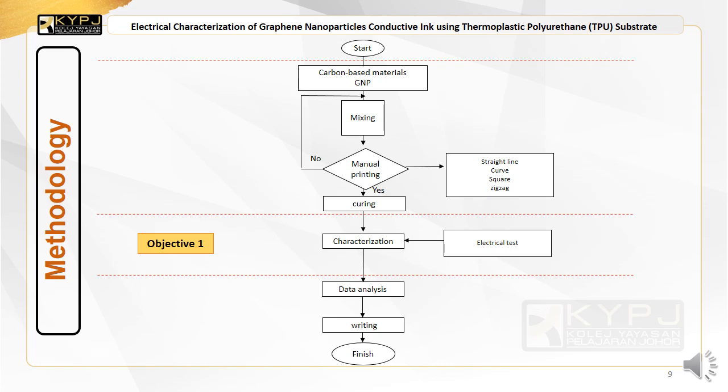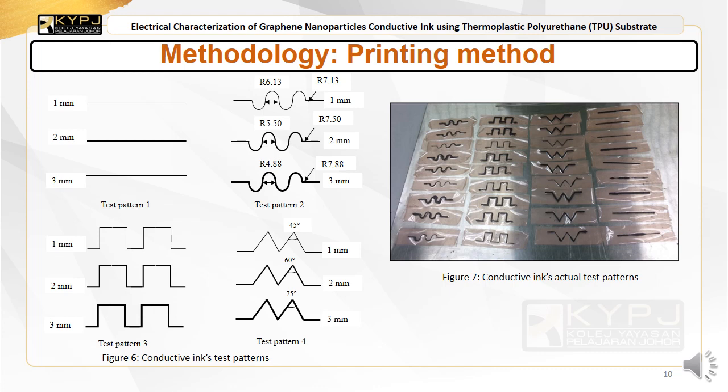The methodology of the research consists of the following components: mixing method, printing method, curing process, electrical test characterization, data analysis, and writing paper. In this research, the manual stencil printing method was used as the printing method and TPU as the substrate.